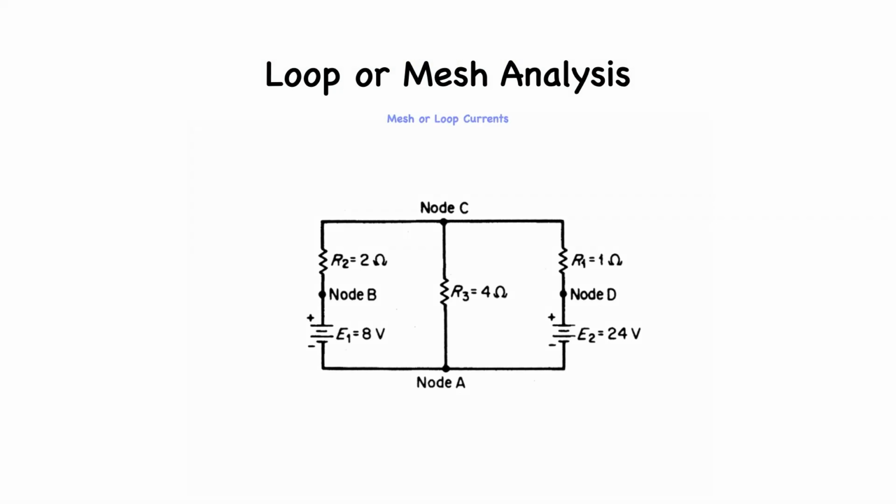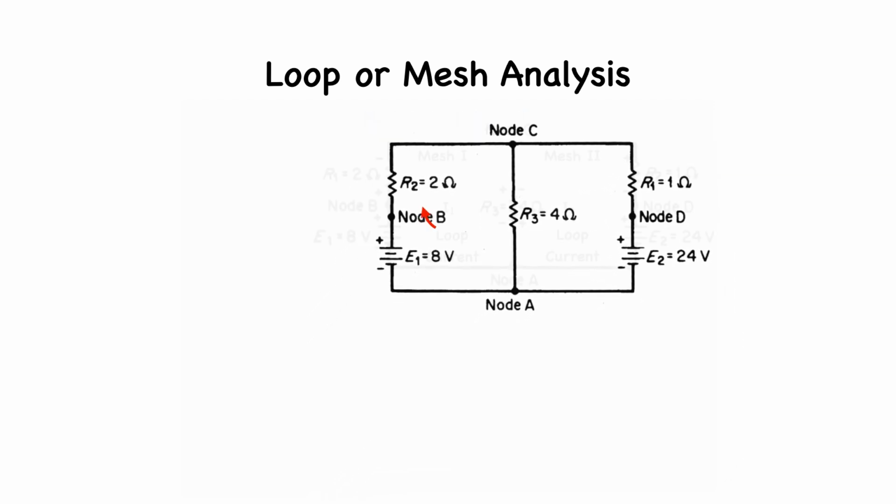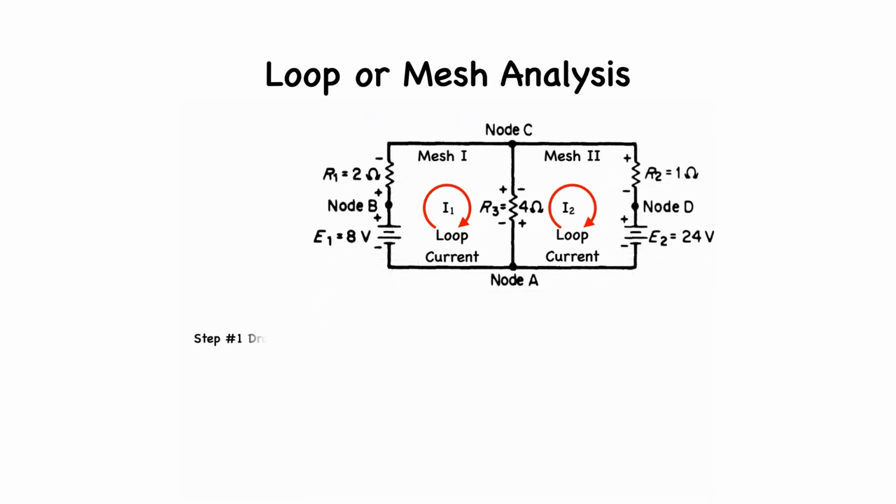Let's look at another example of a mesh equation and go through the steps required to solve it using mesh or loop current analysis. Step 1 is to draw the loop currents. Loop currents I1 and I2 are drawn in a clockwise direction in each window. The loop currents or mesh currents are fictitious currents that enable us to obtain an actual branch current more easily.